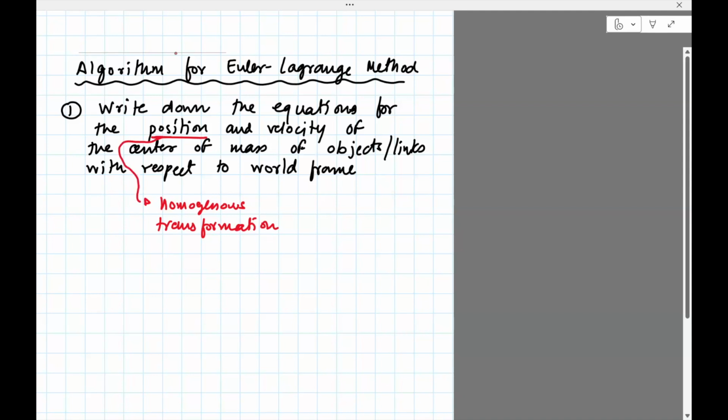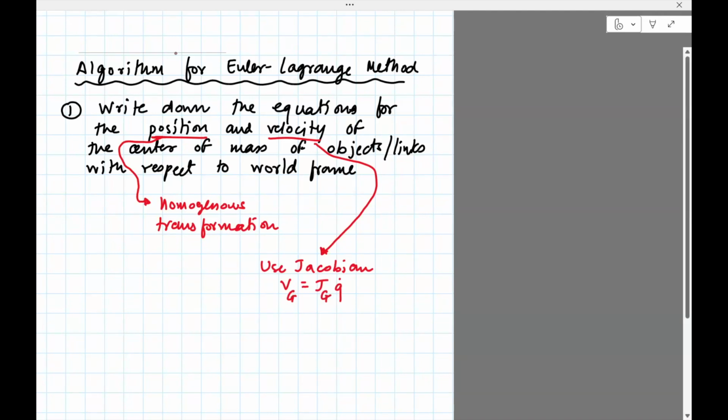So positions come from homogeneous transformation. How do we compute the velocity of the center of mass? Well, we've already done this. Use the Jacobian. So V equals J times q dot. If G is the center of mass, you take the Jacobian of G, and then multiply by q dot.